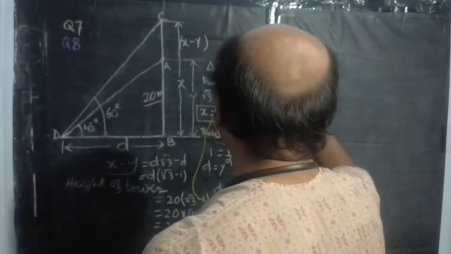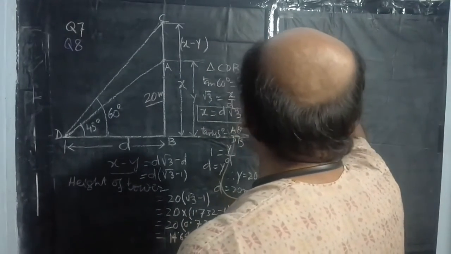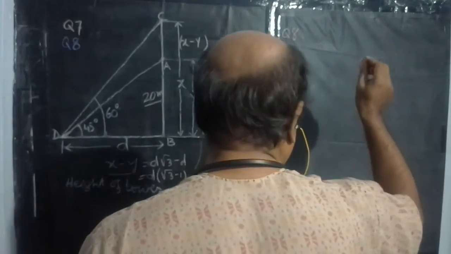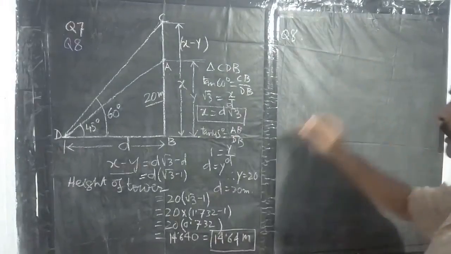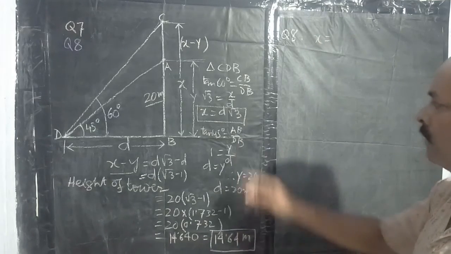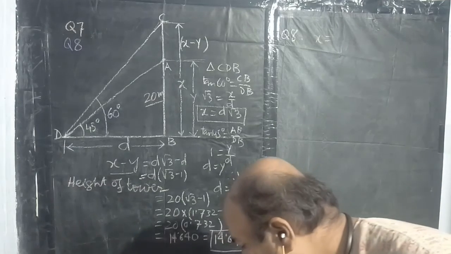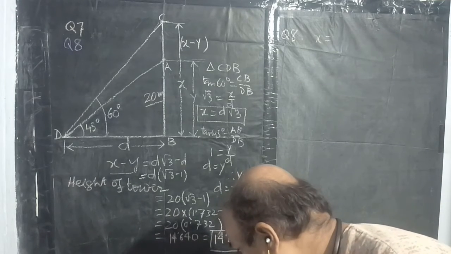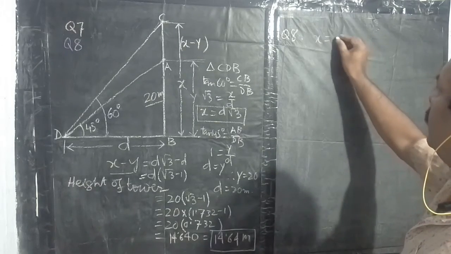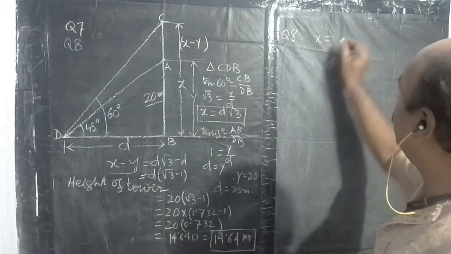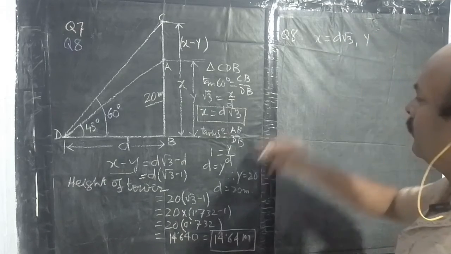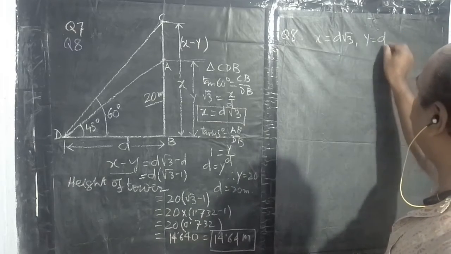Here, the same question. I'm not going to draw the diagram once again. X equal to, X means this is the whole distance, X. X is equal to D root 3 and Y is equal to D, because the same value.